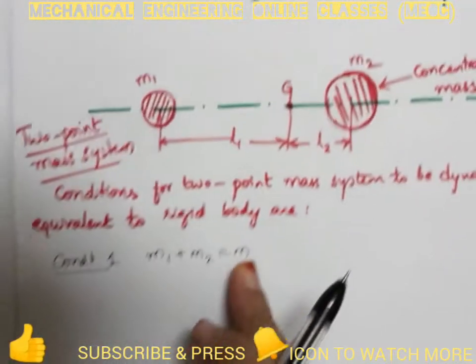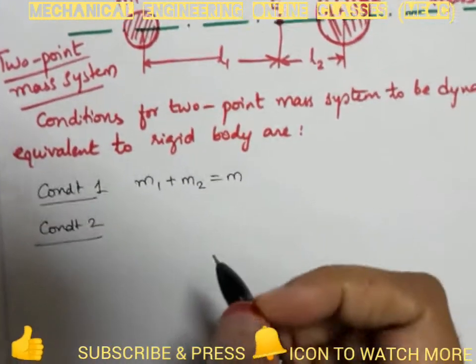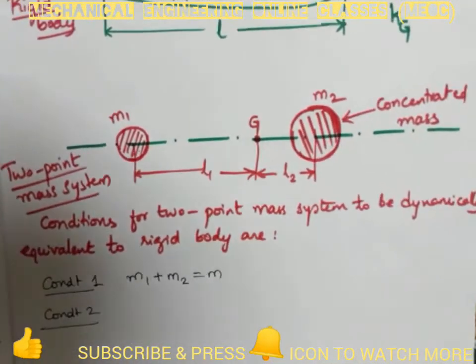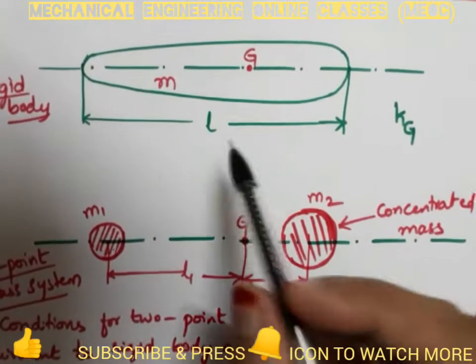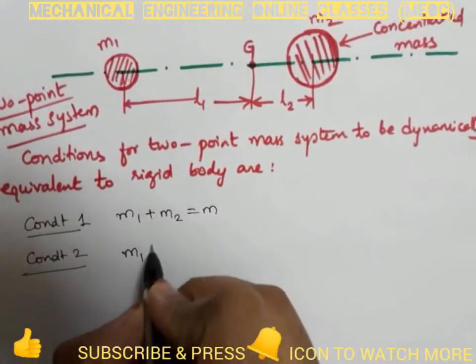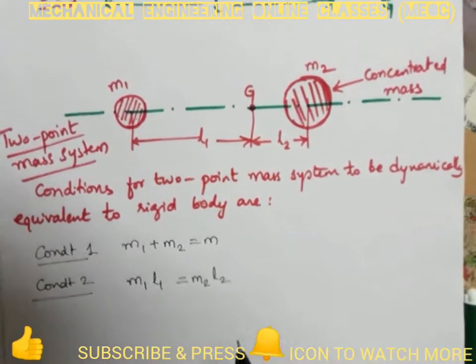This is the first condition. Condition number 2 is that the center of gravity of the two masses should coincide with the center of gravity of the rigid body. The location of G should be the same, which means M1 L1 should be equal to M2 L2.